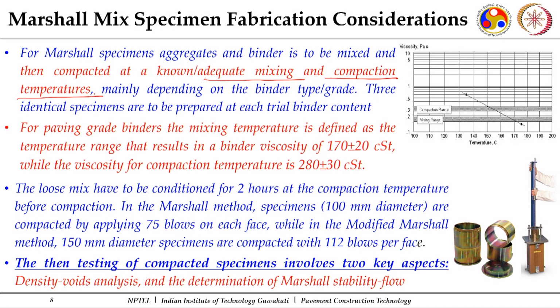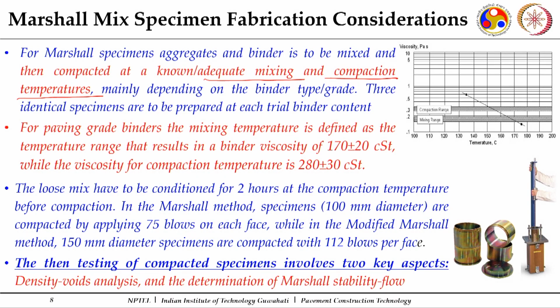In many cases, the agency which provides the binders, specifically the modified binders, on the basis of their experience during the development of their binders, recommends the preferable mixing and compaction temperatures for these binders.